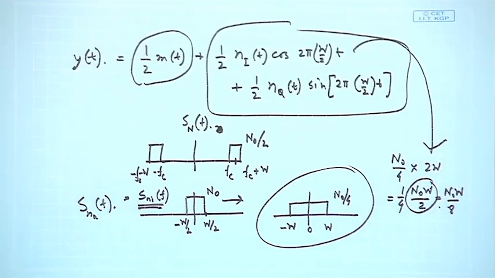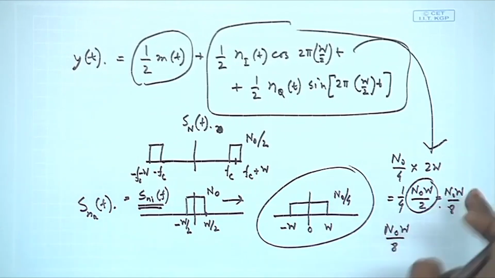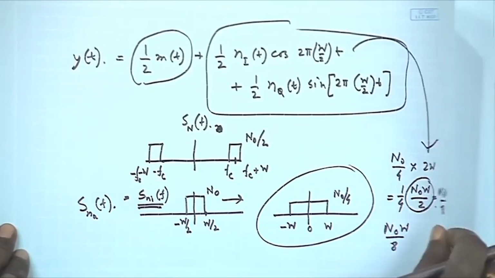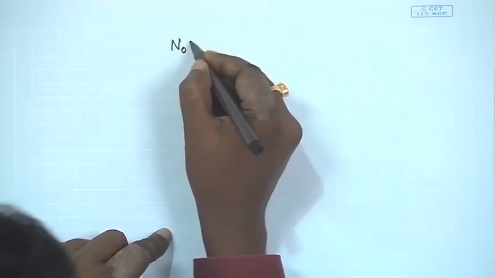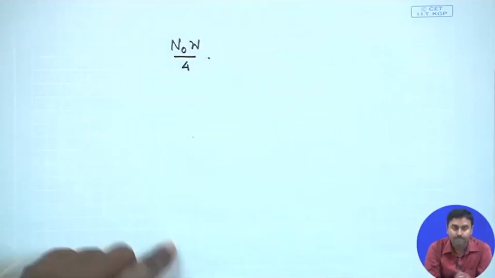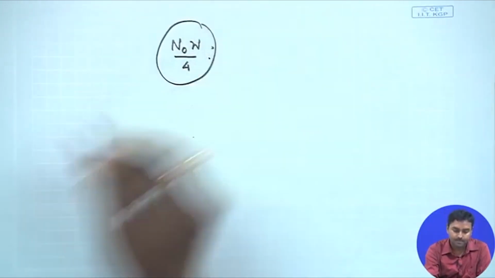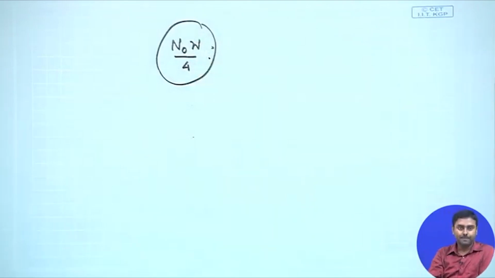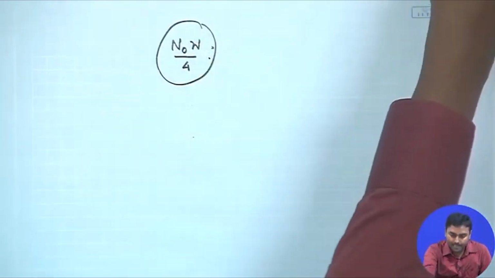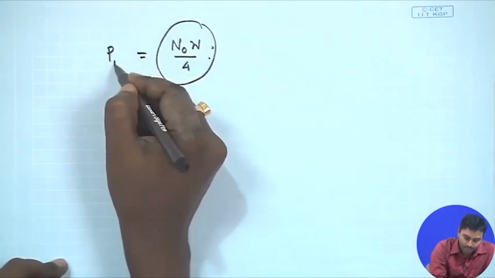So, the other one also will be N0 W by 8. Overall, if I just add these two, N0 W by 4. So, I do get overall noise power which is N0 W by 4. Is this fine? So, this is my noise power.